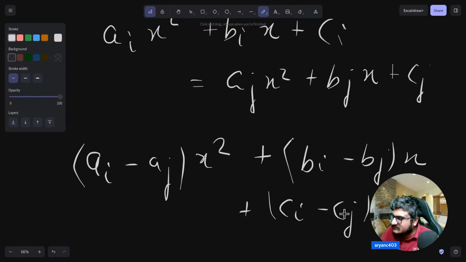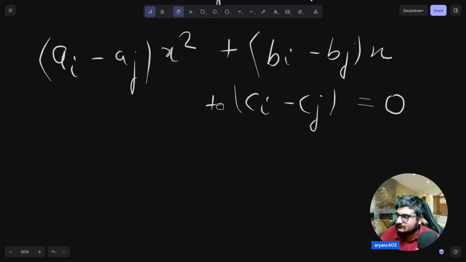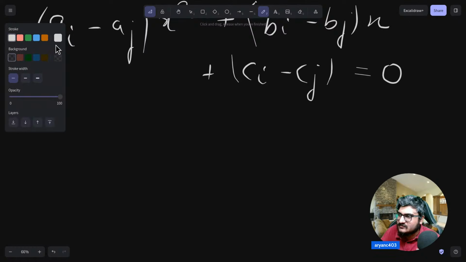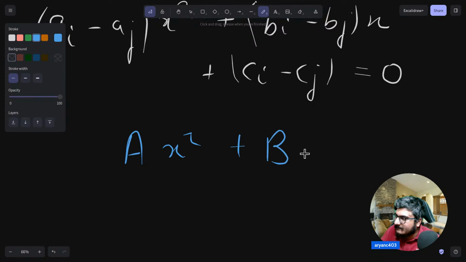Basically, move all the elements to one side and make it 0. And if you transform it, it looks like this.